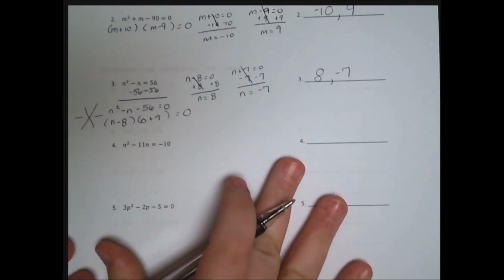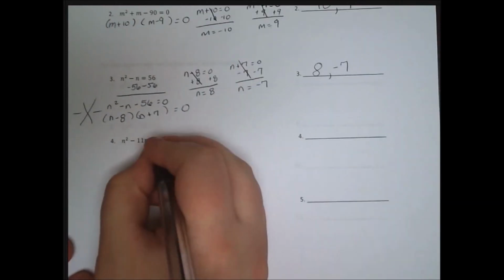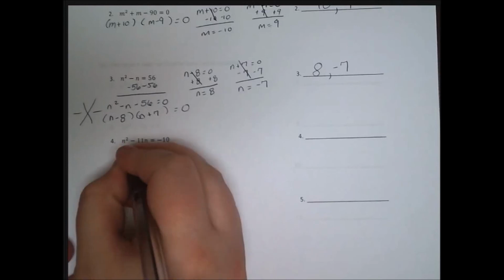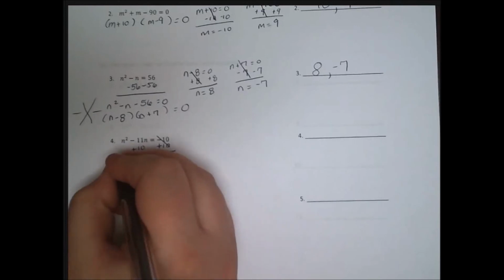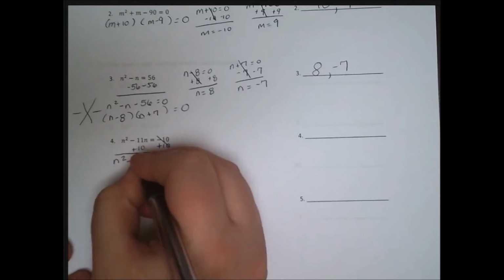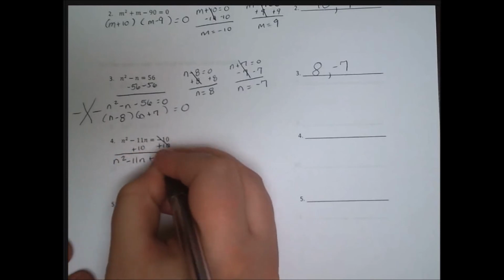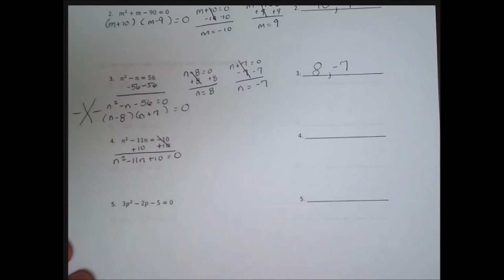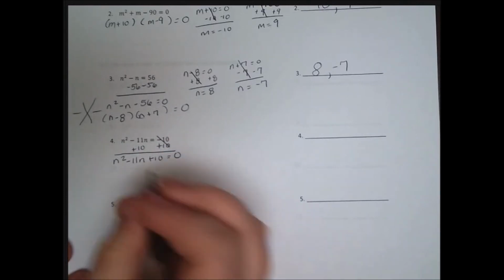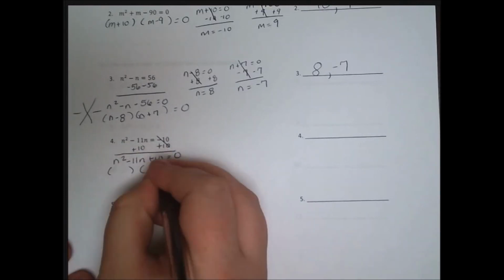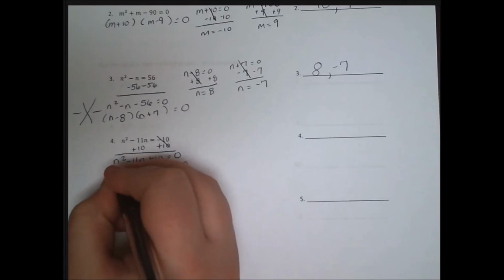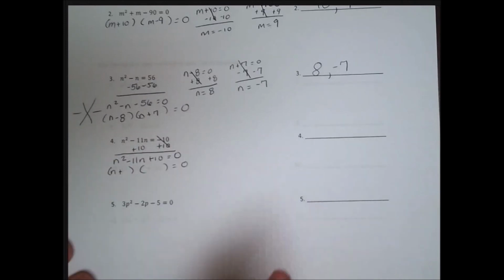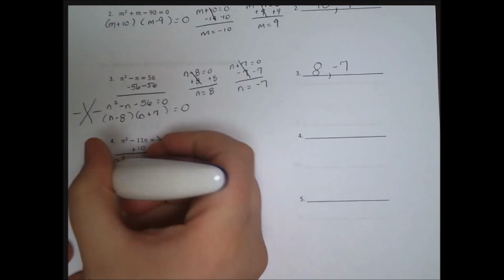For number 4, we're going to have to set this equal to 0 by adding 10 to both sides. So we get n squared minus 11n plus 10 equals 0. We're going to factor this out to get n minus 1 and n minus 10.